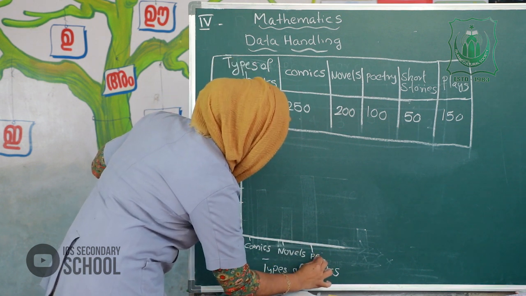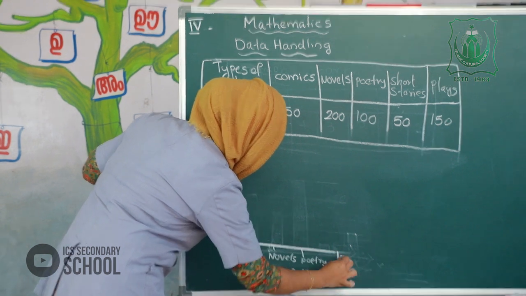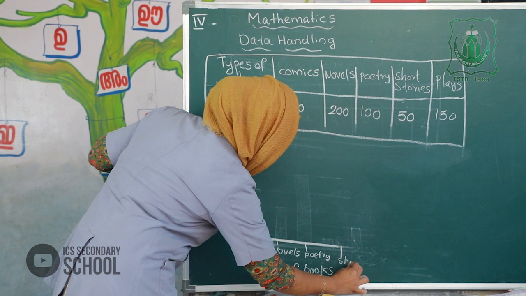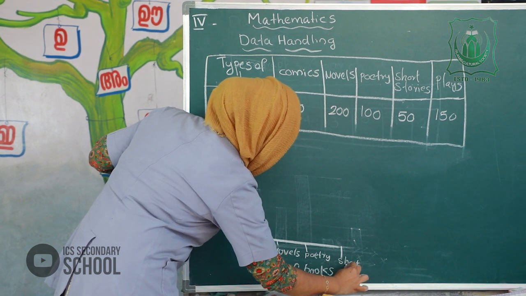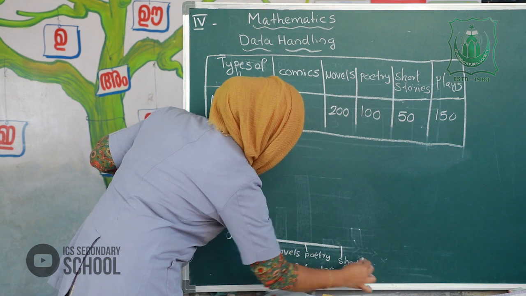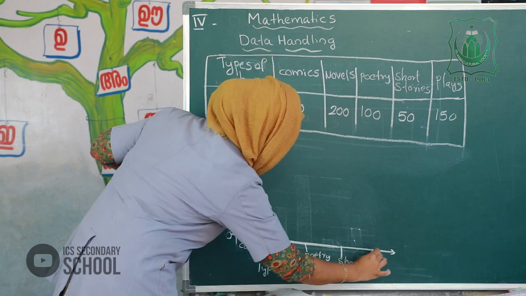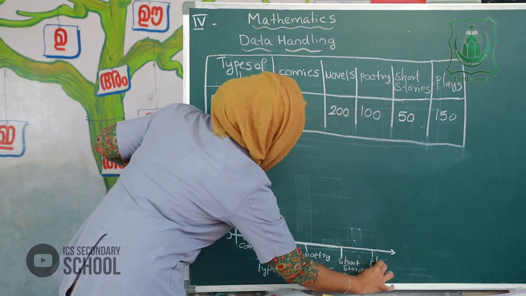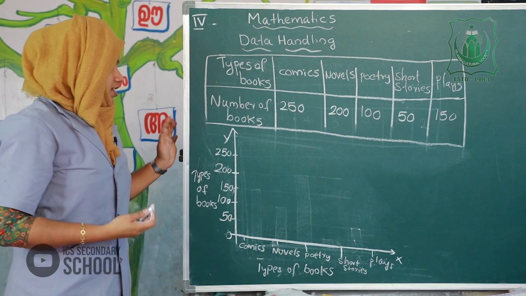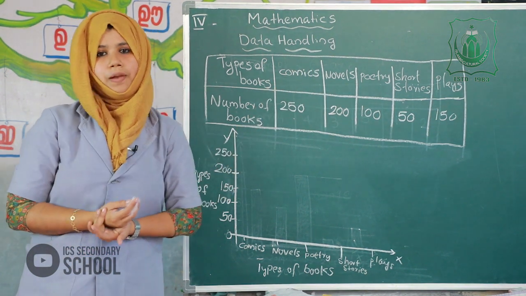Poetry. Next is short stories. Short stories. And the last one is plays. Now we can draw the rectangular bars.